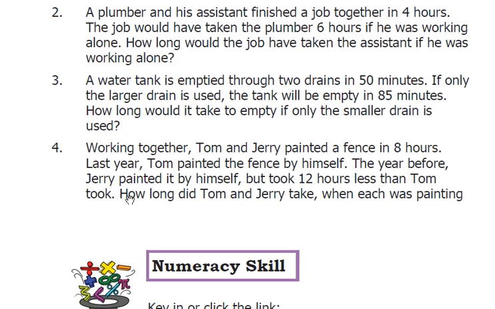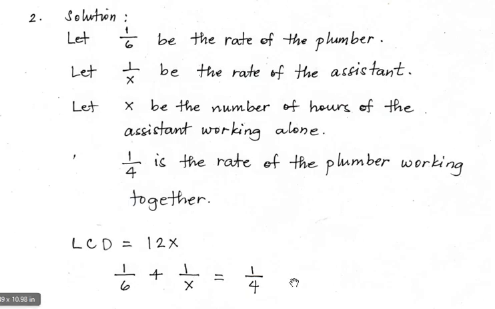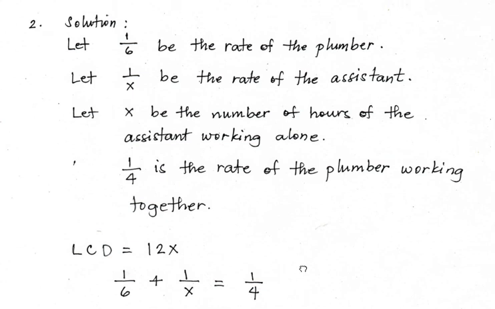So for the solution, let 1/6 be the rate of the plumber. Since the plumber can work alone in 6 hours, the fraction of work done in 1 hour is the rate of work done.